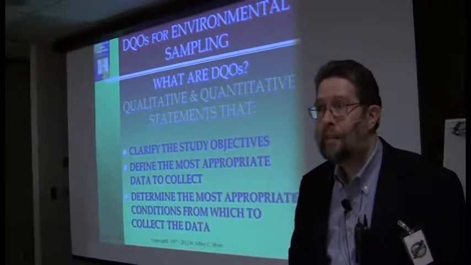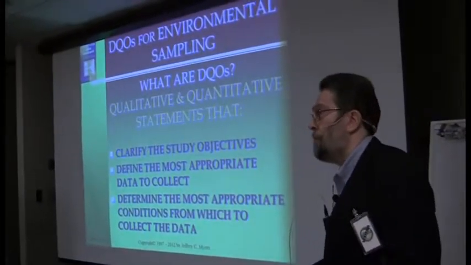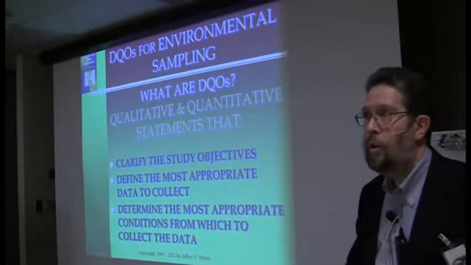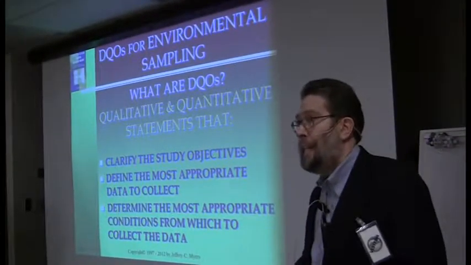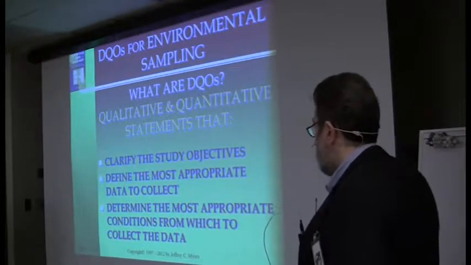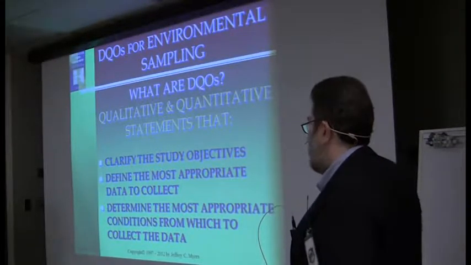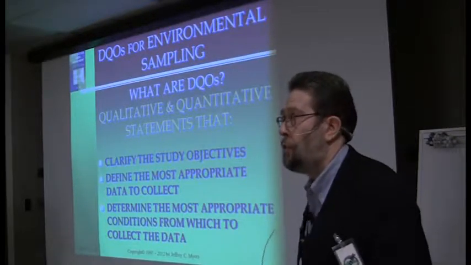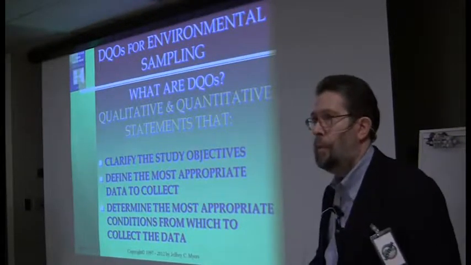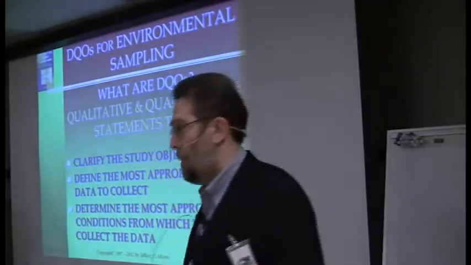As we'll see, there are lots of ways to collect data, different types of samples, the timing, where to put them, and so on. What are the most appropriate data to collect? We have lots of choices. And sometimes it's determining the most appropriate conditions. This is especially true for fluids like air and groundwater.